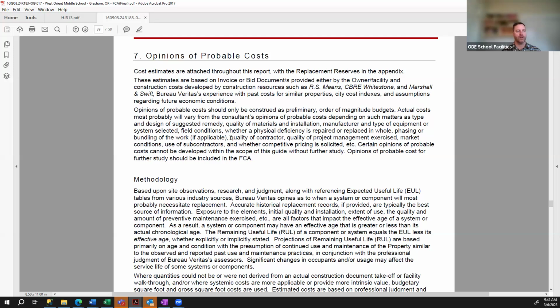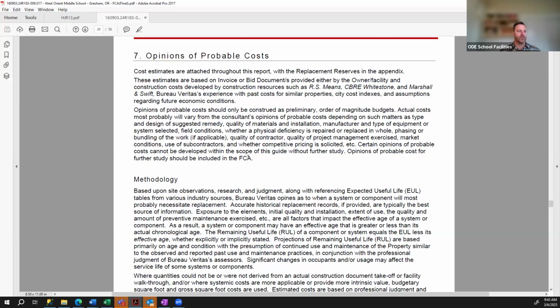You have to consider the type of contractor you get. If you're getting a contractor off of Craigslist, as opposed to someone else, it may cost more. The quality of the project management. We saw up in Portland, I don't know if you guys saw the Oregonian, their project manager was costing them a lot of money, and they were like $1,500 a square foot for some of their new construction.